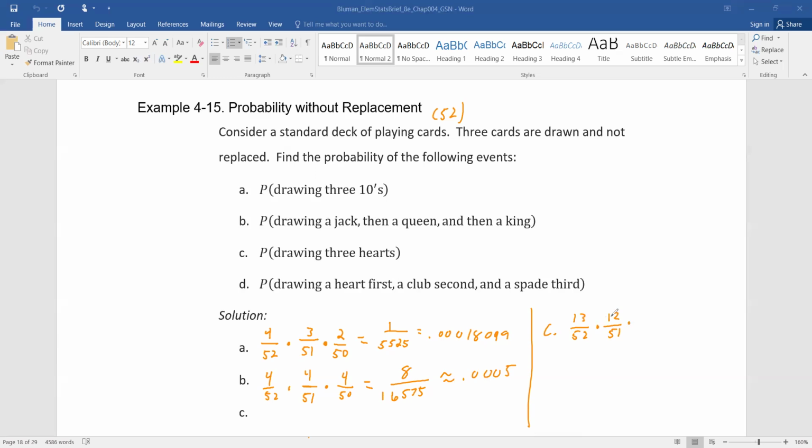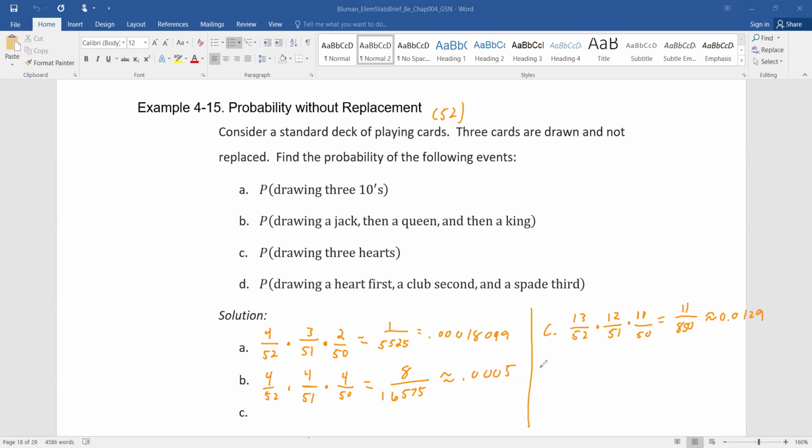If I know that the first one's a heart and the second one's a heart, the third one now only has 11 hearts to choose from out of a total of 50. So when I multiply this out, I actually get 11 over 850, which is about 0.0129. So you basically have a 1.29% chance of drawing three different hearts.